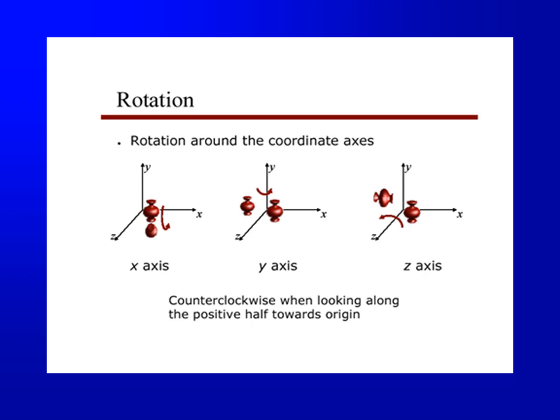Okay, so it is counterclockwise when looking along the positive half-axis towards the origin. As you see in the diagram, the first one is rotation about the x-axis of an object, second is the y-axis and the third one is the z-axis. Okay, so we can rotate the object by any degree, 180 degree, 90 degree, 45 degree. Okay.